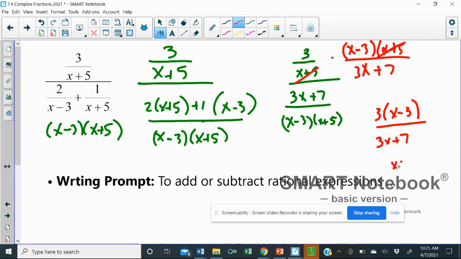Okay, x cannot be 3 or negative 5. I check, there's my denominator, denominator, denominator, nothing else changed. I don't need the negative 7/3 because it's shown. That's my solution.